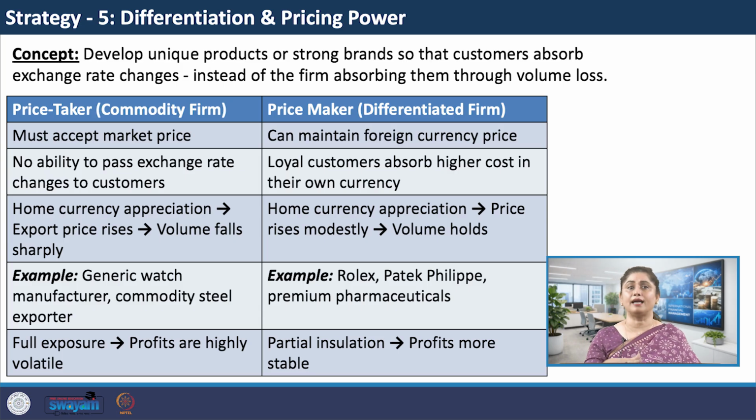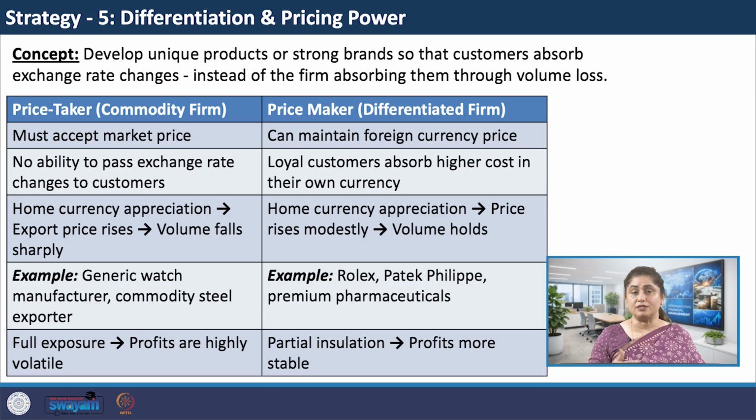Now look at the price maker on the right hand side, where they are offering a differentiated product. Rolex is the example given here, and it is exactly the right one. When the home currency appreciates and the foreign currency price of the Rolex rises, the loyal customer does not walk away.